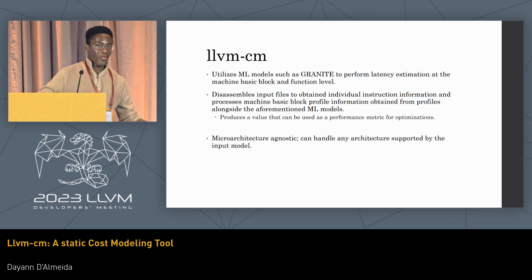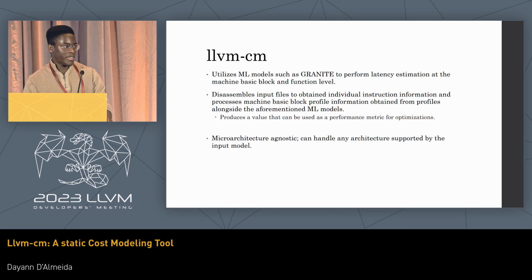So now, moving into CM. Essentially what CM does is that it disassembles assembly code, then it ingests an ML model such as Granite, and it performs latency estimation at the basic block level. So it'll map instructions to machine basic block addresses.